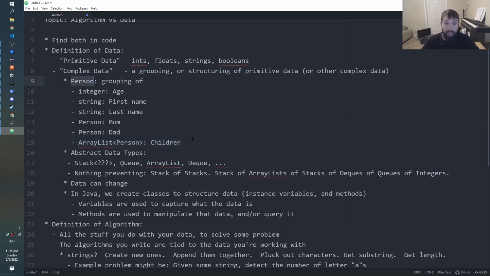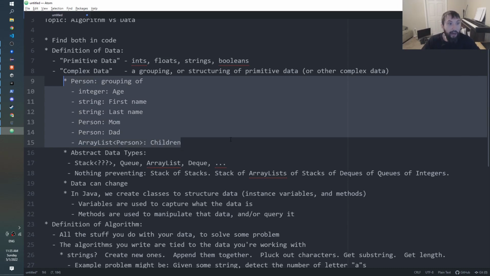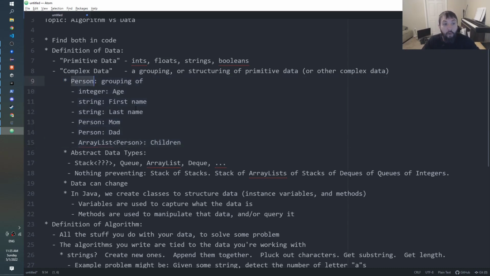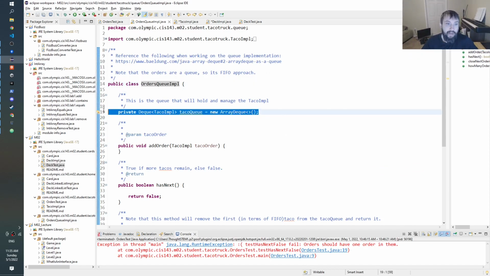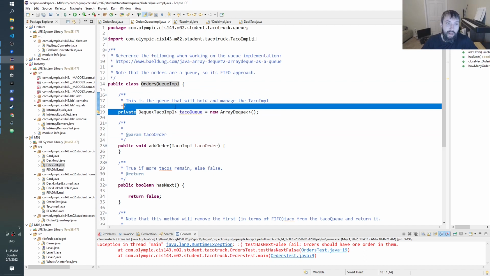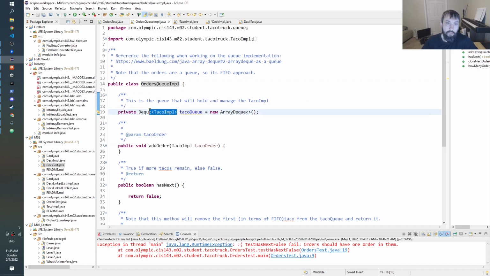And if I implemented that in Java, then a person would be in part a wrapper around some array list now of persons. So you can detect if something is operating as a wrapper class if it has usually some private variable of some other data type inside of the class.